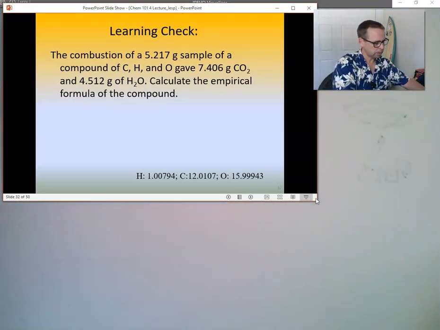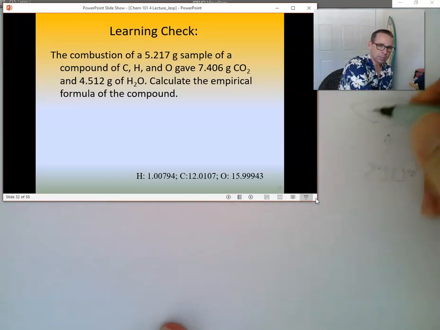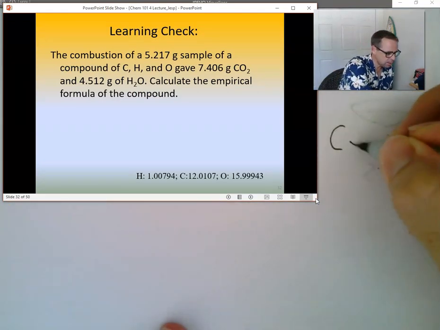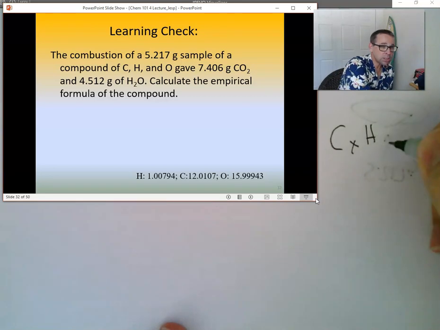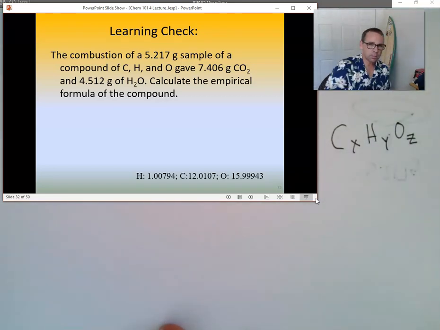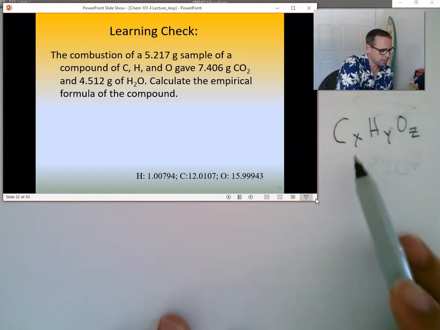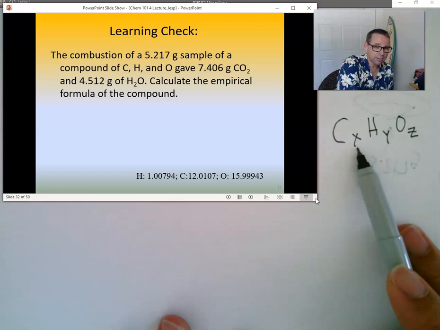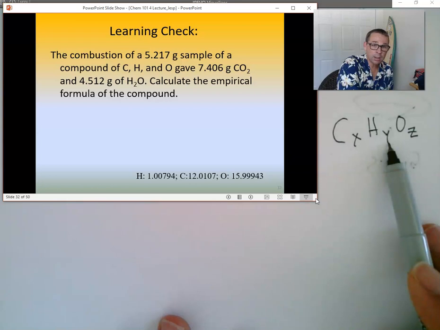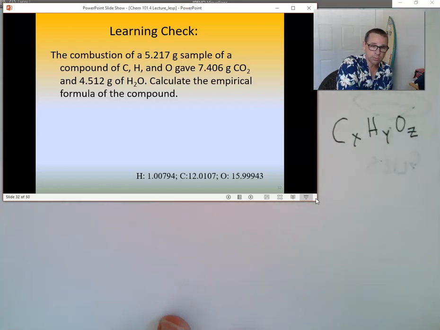Okay? Well, again, I'm going to write up here C, X, H, Y. Now, there is also some oxygen in there, and we'll talk about how we can determine the oxygen in a bit. But see, X represents the moles of carbon, Y is the moles of hydrogen, and Z is the moles of oxygen.